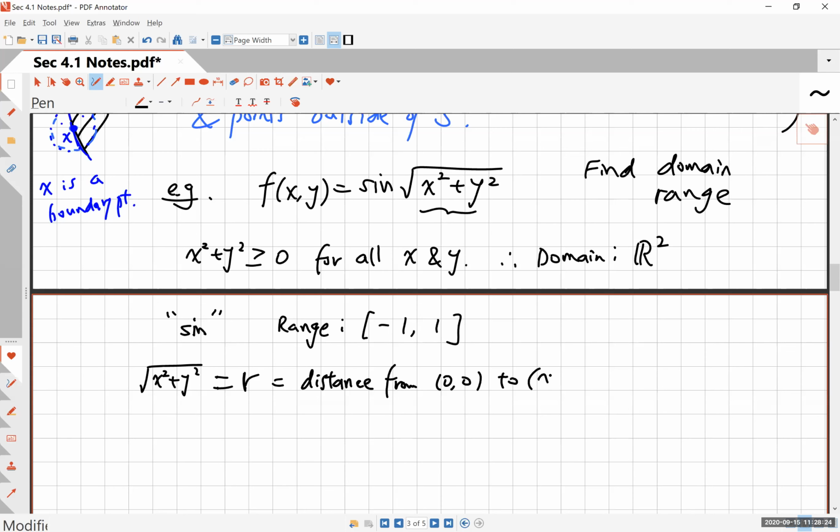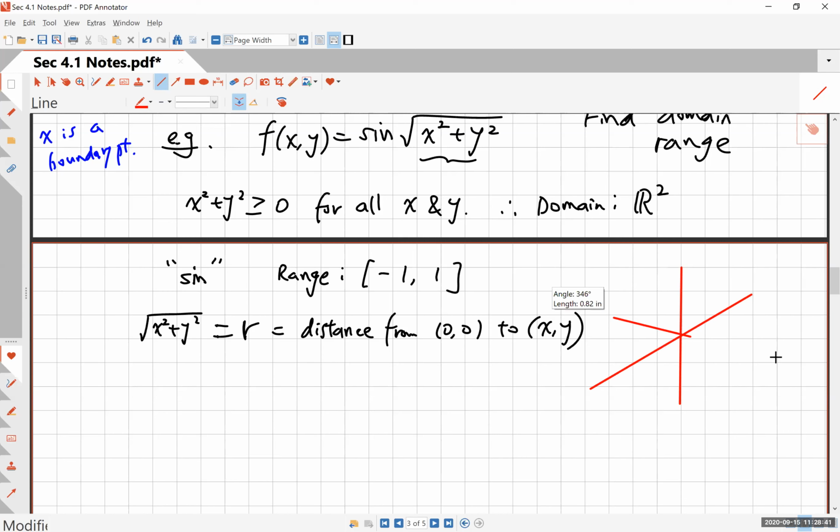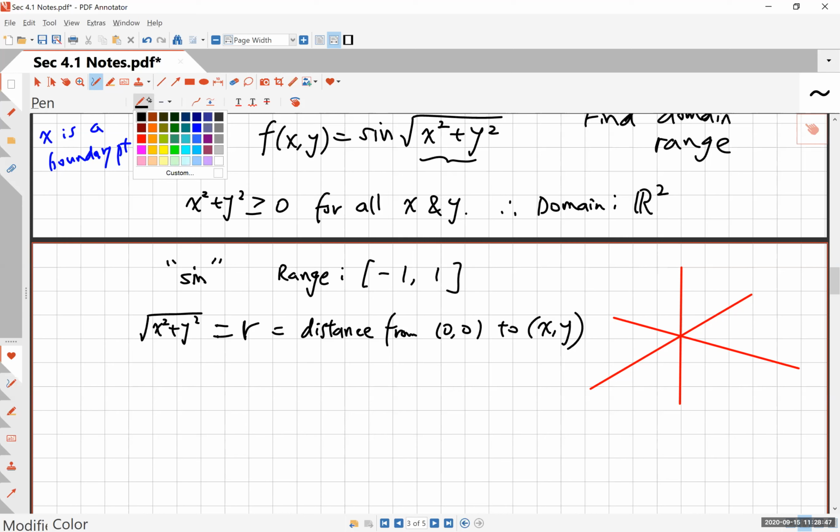to (x, y). So what kind of a graph do you expect from this? Maybe the best way to describe this is ripples. Maybe you can try to figure out what this looks like. Basically, if any points are the same distance from the origin, then they will give you the same z value.